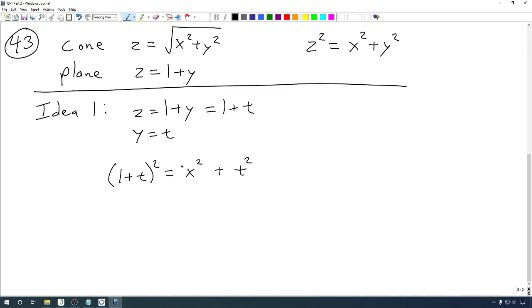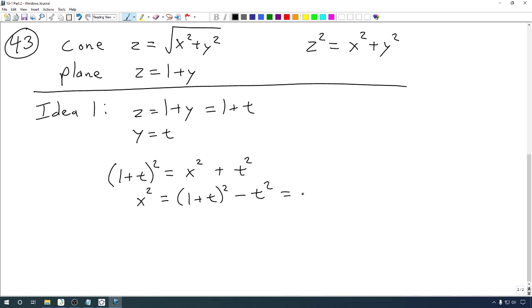We just want to solve so that we get the equation x equals an expression in terms of t. So, of course, we're going to move things around. We'll move the t squared over to the other side. Technically, we could leave this side as it is, but it will simplify nicely if we expand things out.